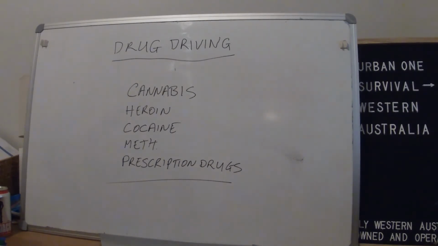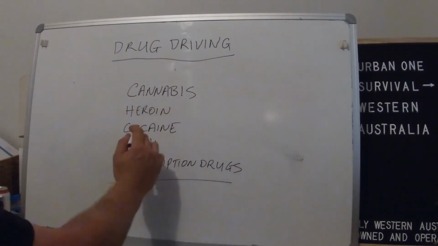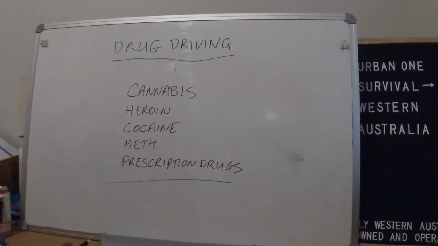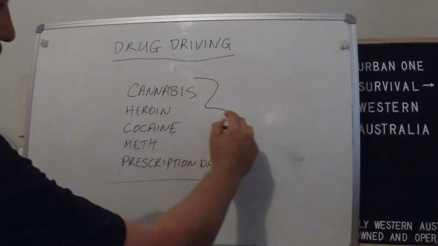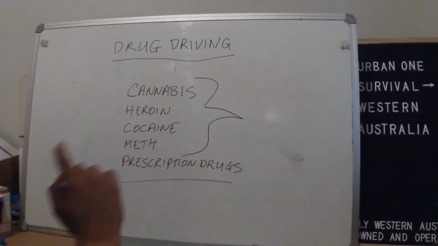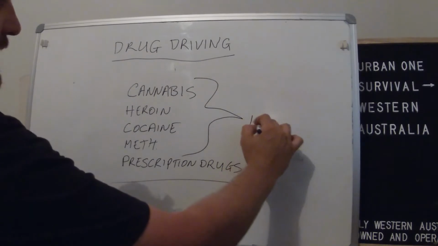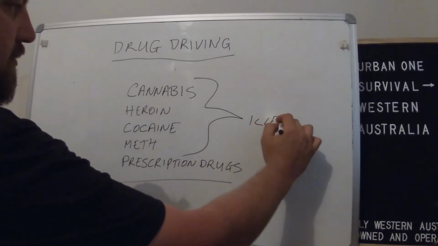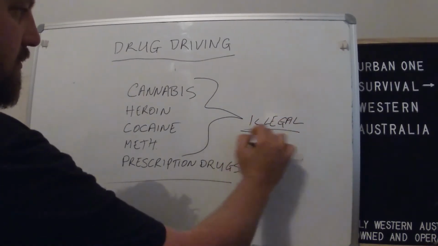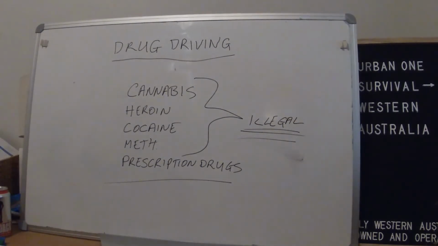But they are the problems that we have. Now, cannabis, heroin, cocaine, and meth. These ones are all illegal in Western Australia.